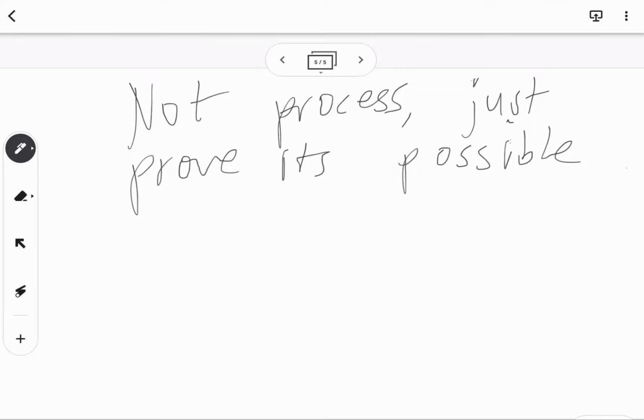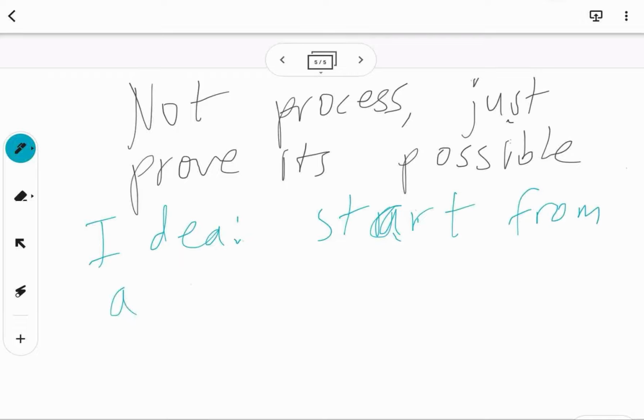So the idea is, well, I'll just tell you this idea because it comes up a lot, so next time when you see it, you'll hopefully remember it. The idea is: start from a splitting and keep on improving it until you can't.